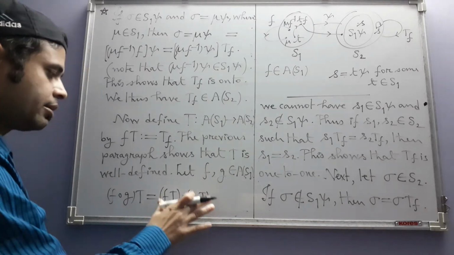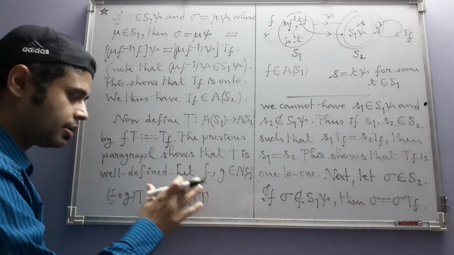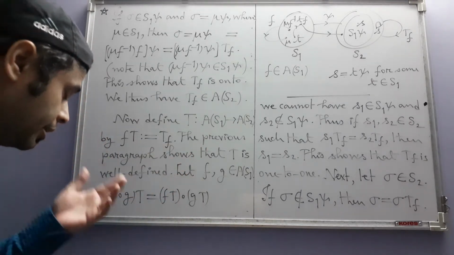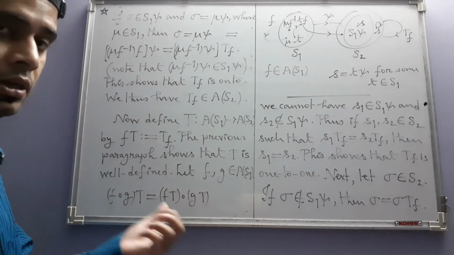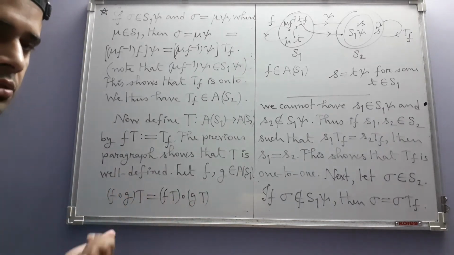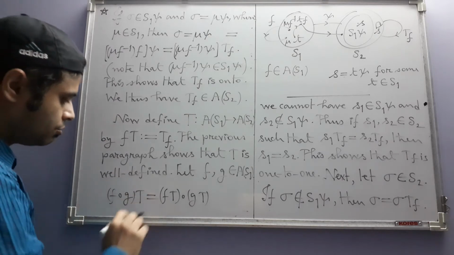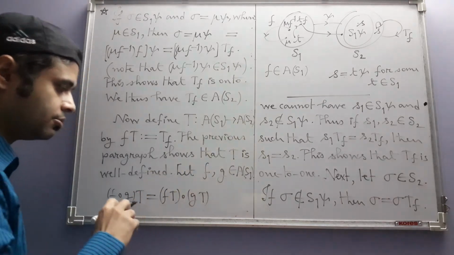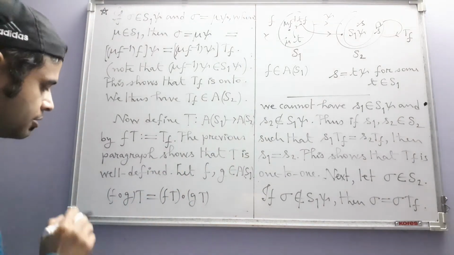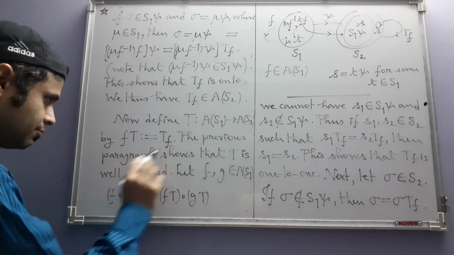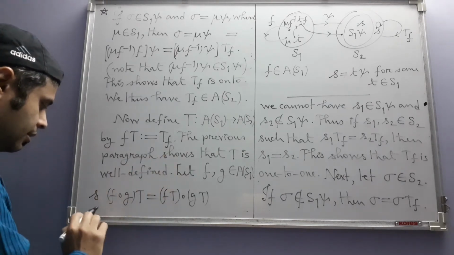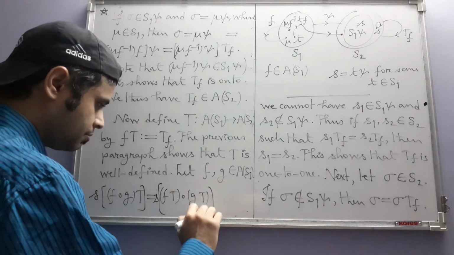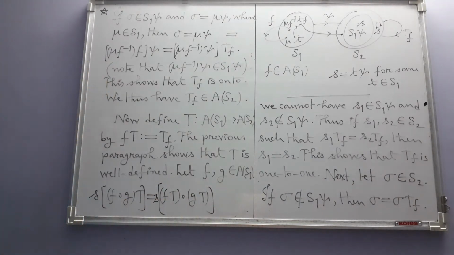So that again is an element in AS2. So the right hand side also is a mapping from S2 into itself. We need to show that these two maps are equal. So these two maps should map any element of S2 onto the same element in S2. So we need to show that if we choose any element S in S2, then this image is equal to this image.